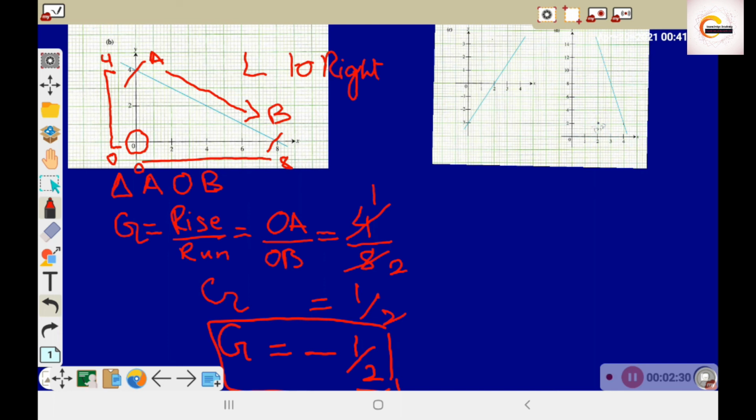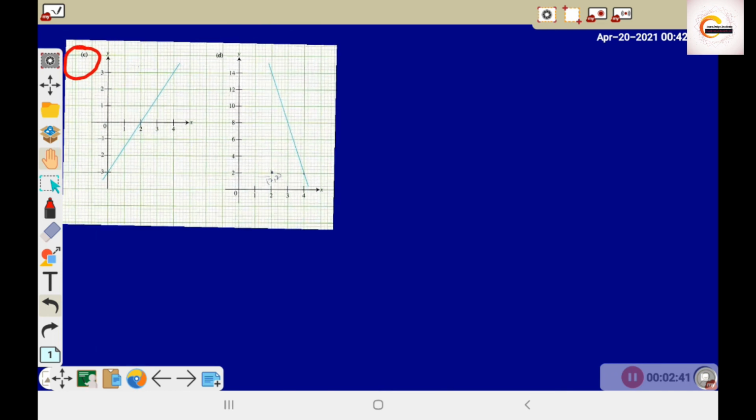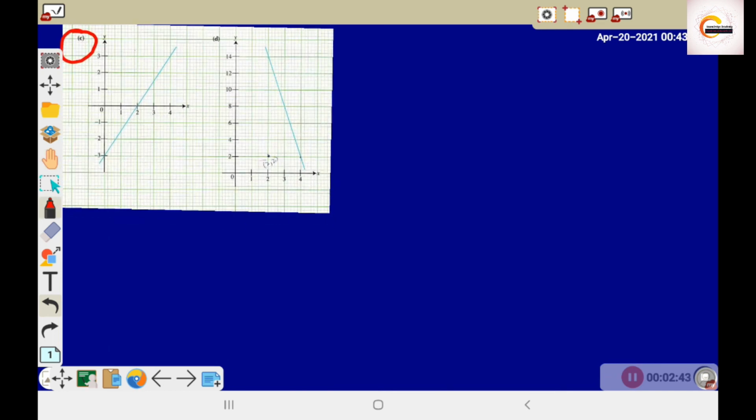See, now let's get back to another part, that is C. In C, I am going to take two very easy points. Alright, let's take this point -3 here on y, intersecting the y-axis at -3, and this point 2 intercepting the x-axis at 2.